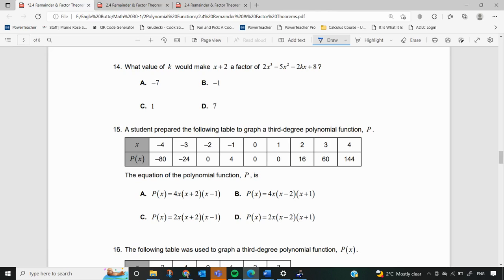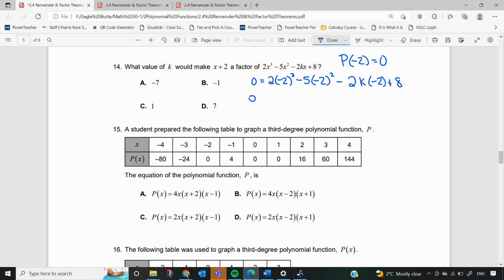So it says, what value of k would make x + 2 a factor of this expression? Well, if it's a factor, that would mean that p(−2) is equal to 0. So we're going to sub in those values. We're going to have 0 = 2(−2)³ − 5(−2)² − 2k(−2) + 8.